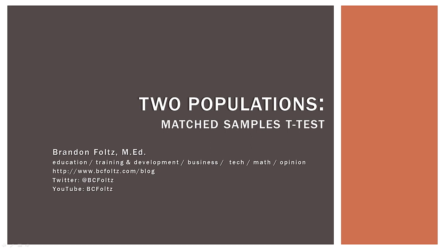This video examines a different technique, the matched samples t-test. The matched samples technique forms much of the foundation of experimental research. In this method, the samples are not independent. In fact, many times each sample is comprised of the same subjects or objects.